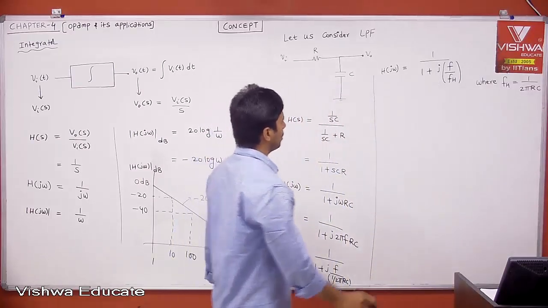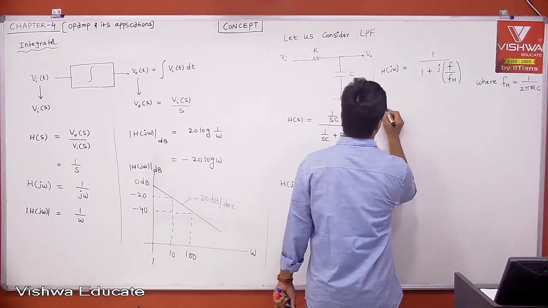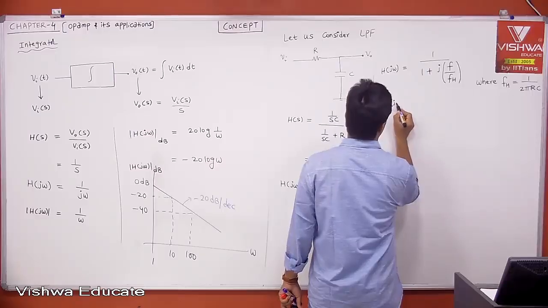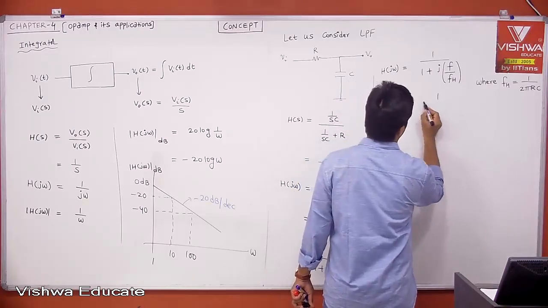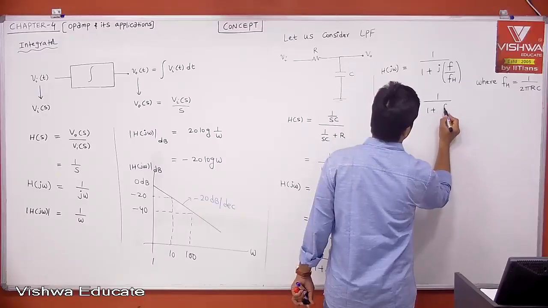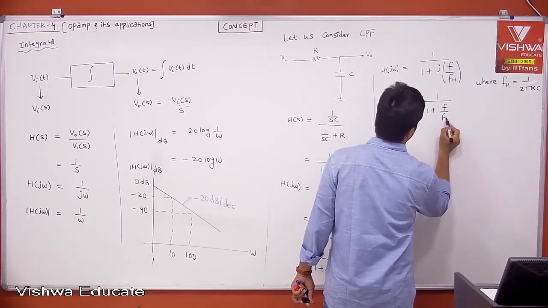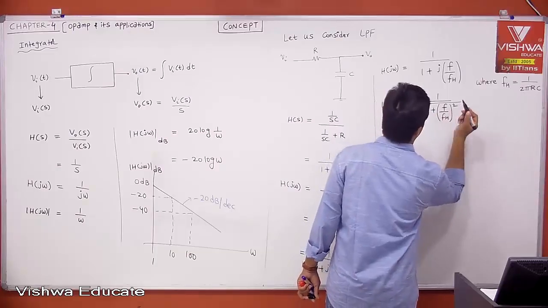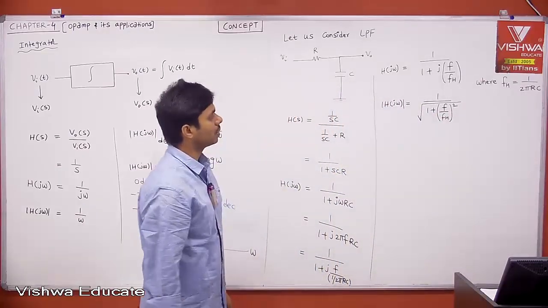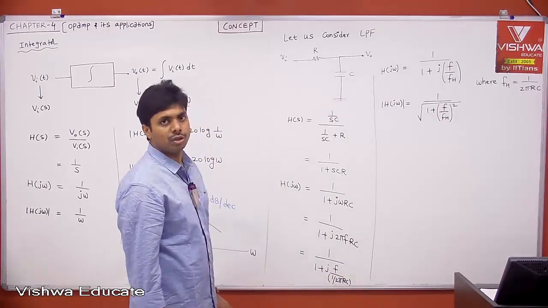Okay. Now tell me, what is mod H of J omega? Mod H of J omega is equal to 1 by square root of 1 plus F divided by FH whole squared. This is your magnitude. And if you convert into dB, you will get it.